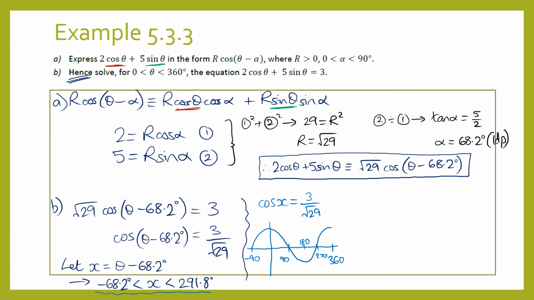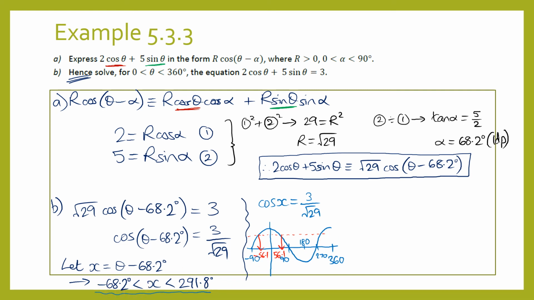I get 56.1. So 3 over root 29 is a positive number. And I can see from my graph 56.1, which is on the calculator, will be about there. So we're also going to have from symmetry negative 56.1 as well, which fits inside this interval. So I'm going to include that.